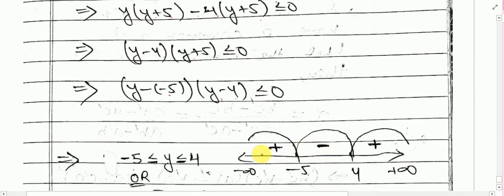Then we'll draw the number line. And then we'll plot minus 5 and 4 first. Because of this we are getting 3 intervals, and we will check which interval is satisfying. So first we'll check for y equal to 0. If you put y equal to 0, then you'll get 5 into minus 4, so minus 20, which is less than 0.